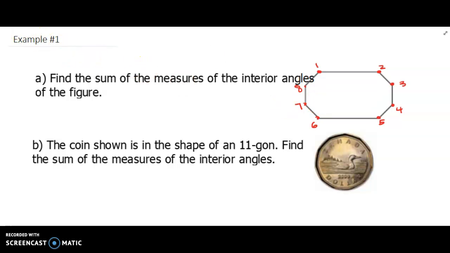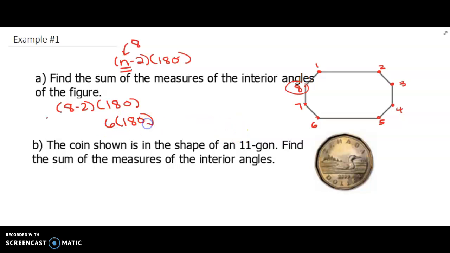So to find the measure of all the interior angles, we'd do the n minus 2 times 180. And the n is the number of sides, or the number of vertices we have, which is 8. So I could just say 8 minus 2 times 180. Well, guys, 8 minus 2 is 6, so 6 times 180.